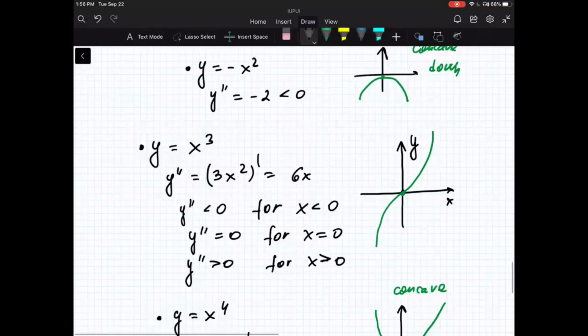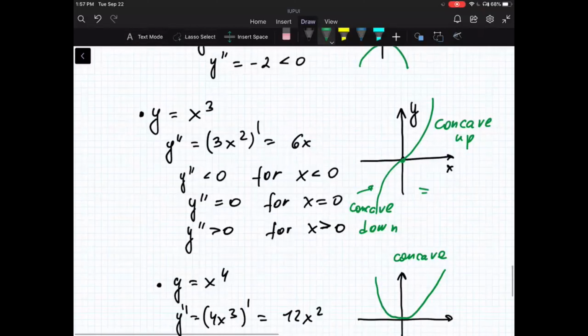So in this case, concavity indeed changed, right? It was concave down, and then it becomes concave up after 0. So x equals 0 is the inflection point.